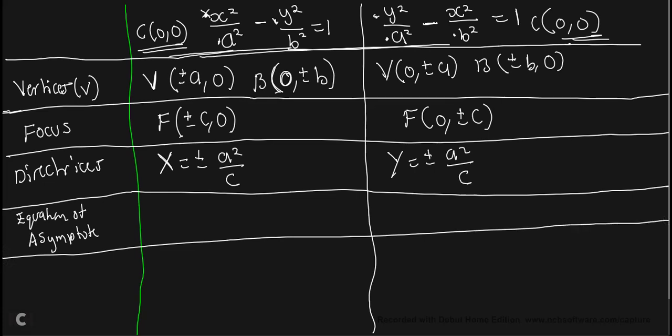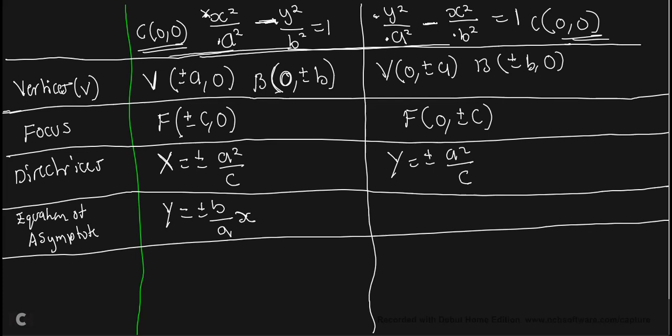To make things simpler, if your y is negative, meaning that your equation of asymptote will be y equal to b, put b on top, over a, then x.